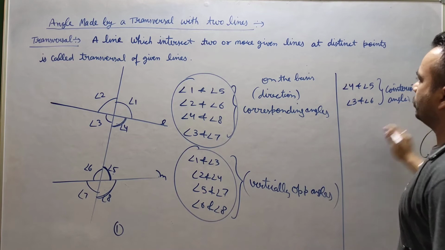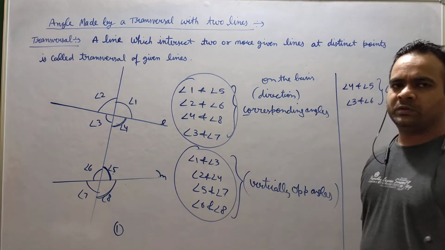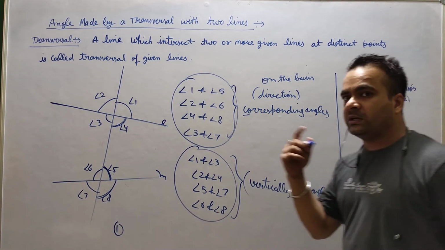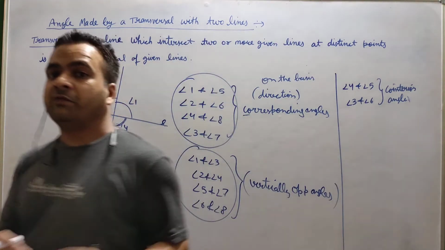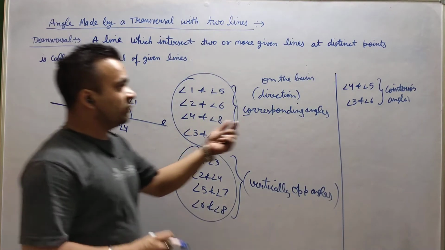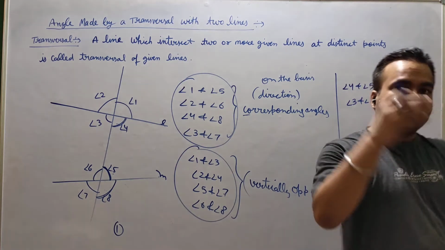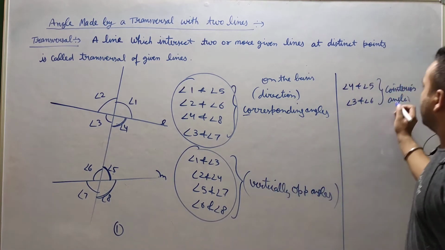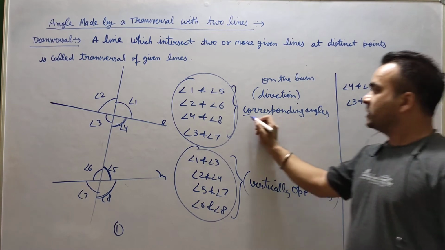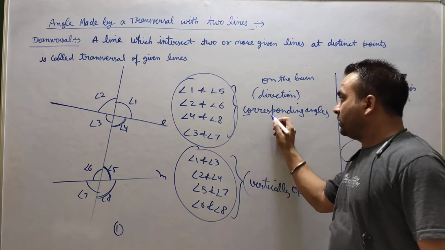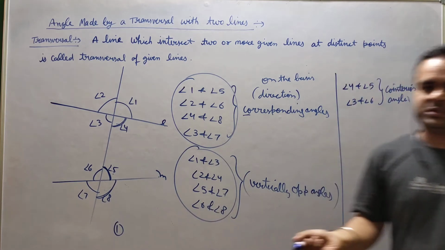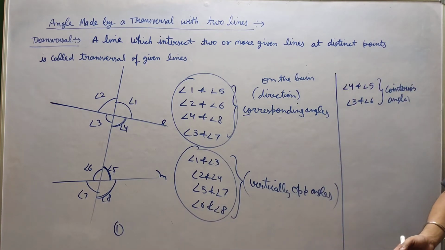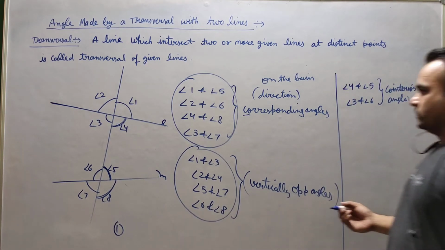Co-interior means the word co we are using here also. In corresponding angles we have to check each and every direction, but in this case we are checking co but in the interior. In this case we will check the direction and the position also. This is the meaning of the word corresponding, because we check the position also.